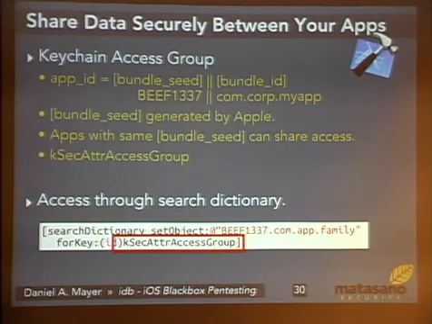So in order to share data, you can set this kSecAttrAccessGroup parameter on data which you're storing, and then any app which has, in this case, the beef1337 prefix can access that data. So that may be a good way if you need to share data between applications.